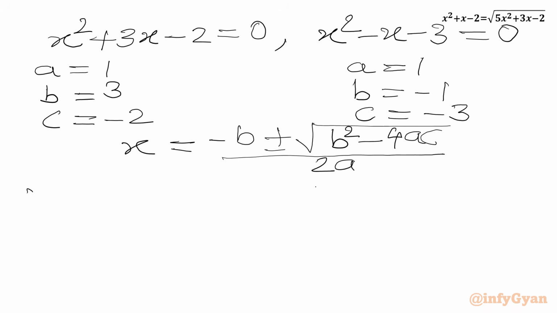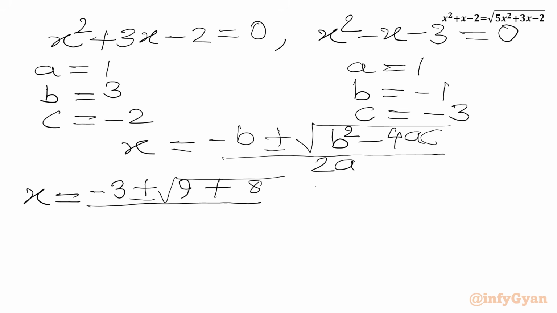Now we will solve the first quadratic equation using the quadratic formula: minus 3 plus minus square root of b square, which will be 3 square, I am writing 9, minus 4 times 1 times minus 2, which is plus 8, over 2 times 1, so we can write 2.